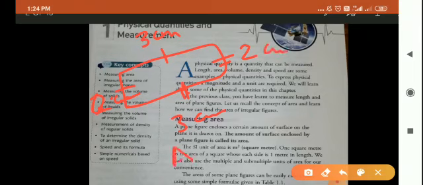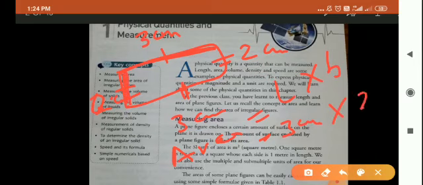Now the area of the rectangle. What is the formula for the area of a rectangle? Length into breadth. The length is your longest side, that is 3 centimeter, into the breadth, which is this side, 2 centimeter. Now 3 twos are 6.